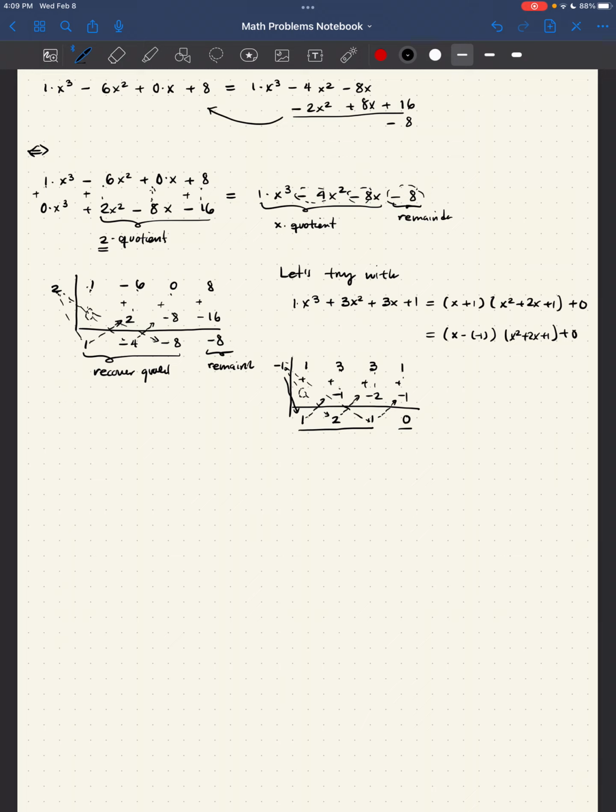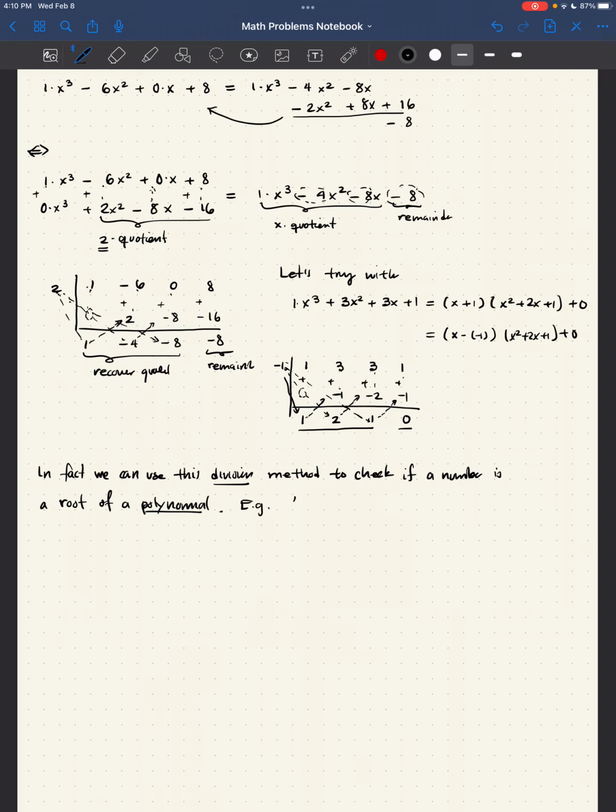In fact, we can use this method to verify whether a number is a root of a given polynomial, to check if a number is a root. So how so? Well, here's an example.